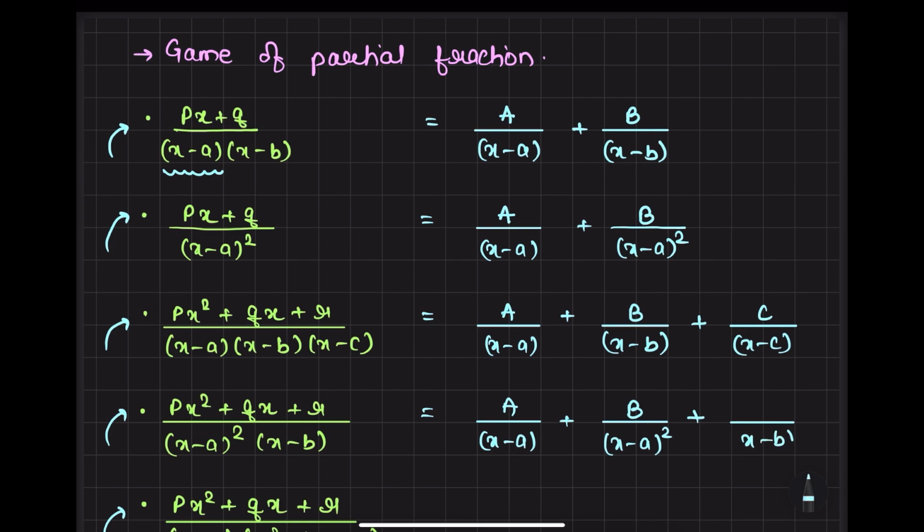You start from 1 and stop at the given power, which is only 1, so you stop here. Inside the bracket it is linear, so you write a constant in the numerator. The new constant is C. I hope till this part you are okay.